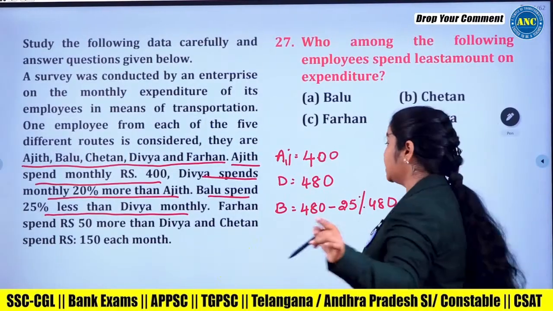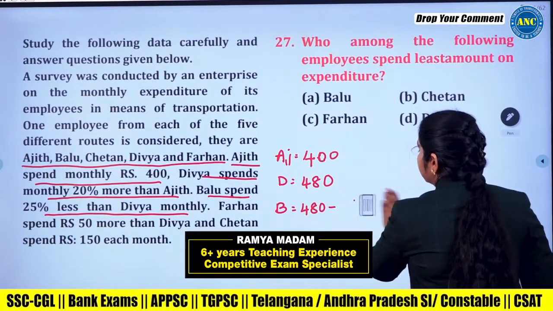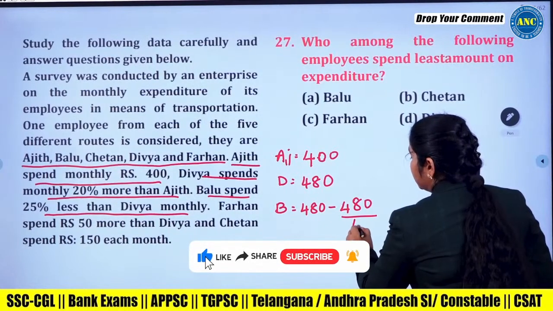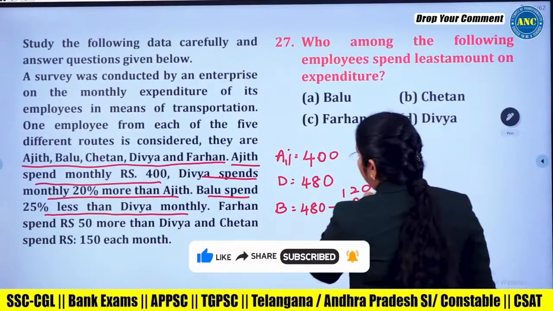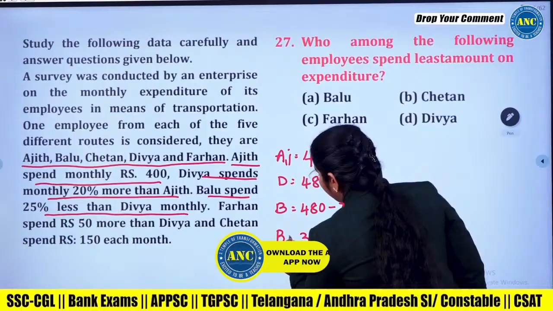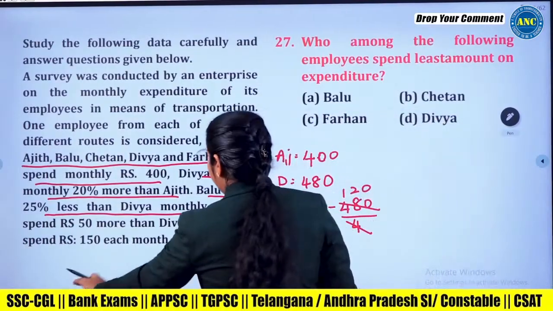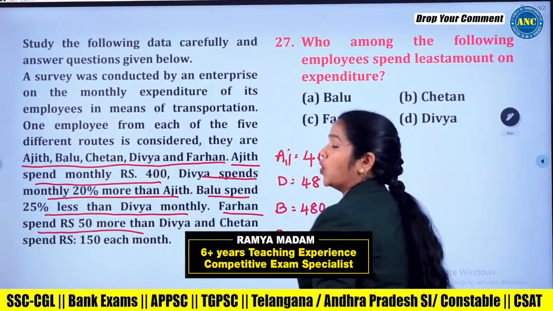How can we convert 25% into fractions? Write this in fractions. It's 480 by 4, which is 120. So it's 480 minus 120, that will be 360. What is the value of Balu? How much did Balu spend? 360. Clear?